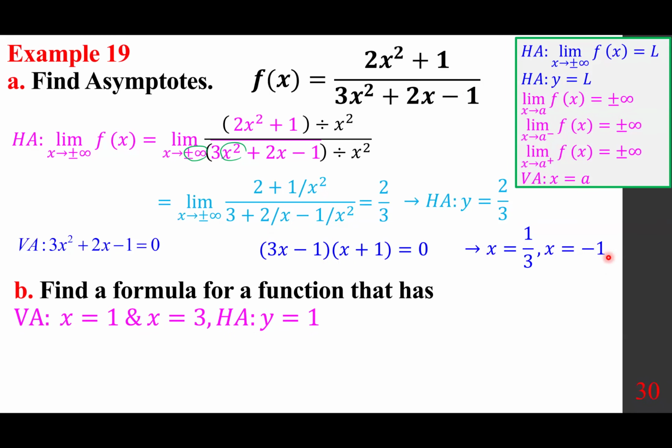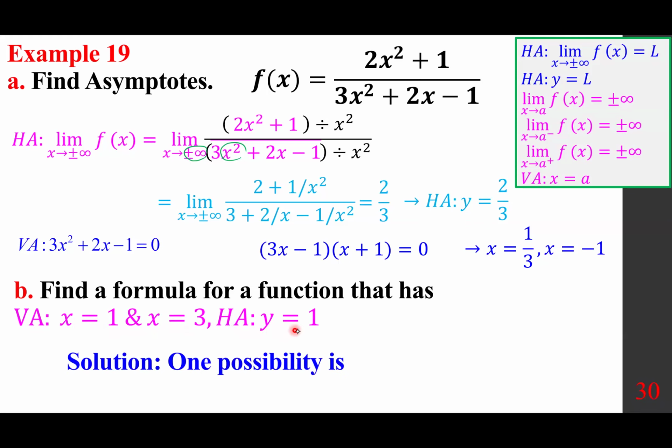Find a formula for a function that has vertical asymptotes x equals 1 and x equals 3, and horizontal asymptote y equals 1. So let's work on this solution and some possibilities.